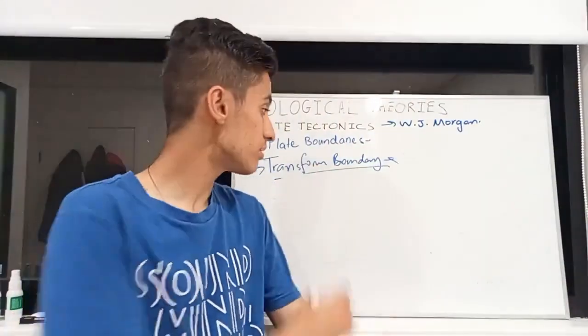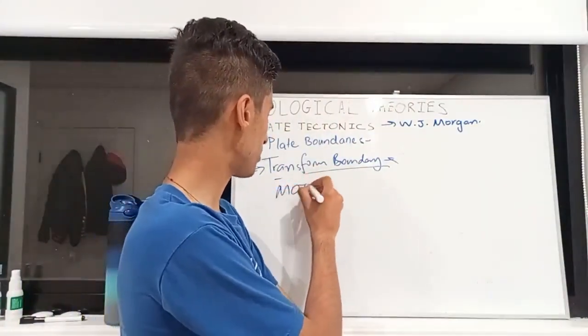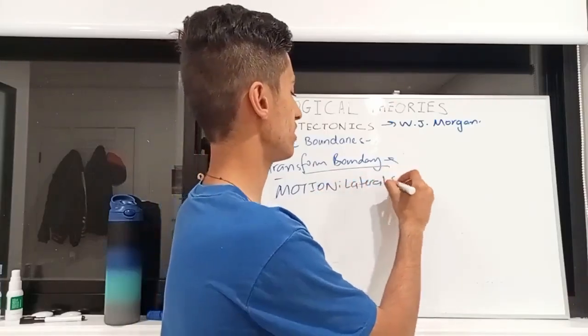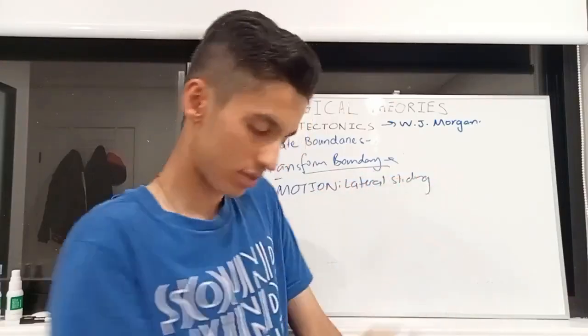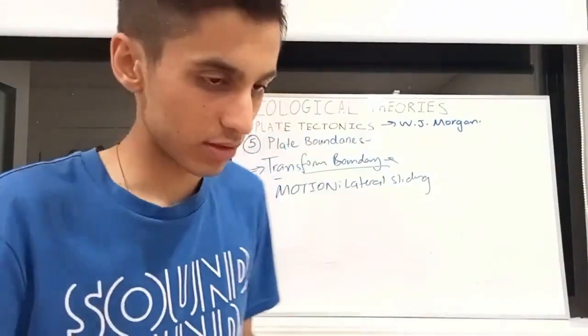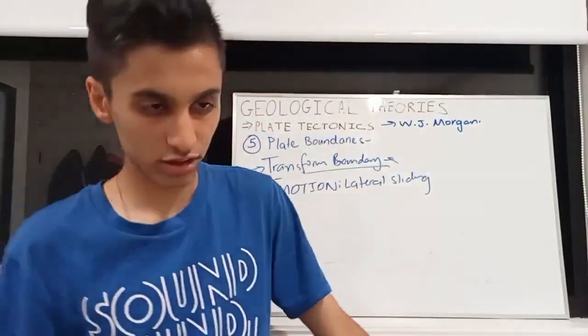If you wanted to describe the motion, it would be lateral sliding. Lateral just means on the surface. So the motion would be lateral sliding.